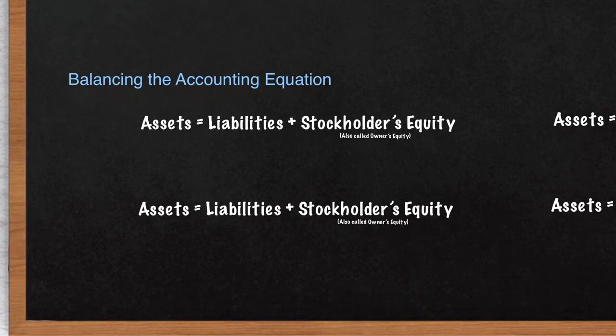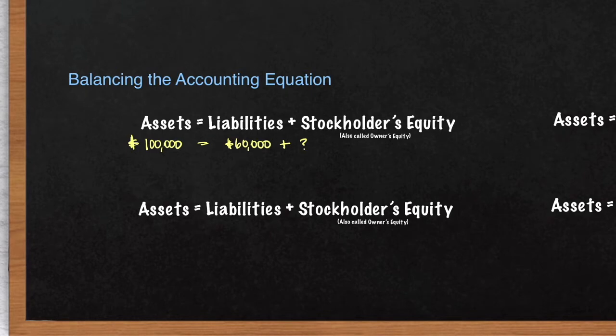Now, there's this whole thing about balancing the accounting equation. This is very key and important in the accounting world. You always got to make sure that this accounting equation is balanced. For example, if assets were 100,000 and liabilities were 60,000, then you just have to find what stockholders' equity is to ensure that the accounting equation is balanced.